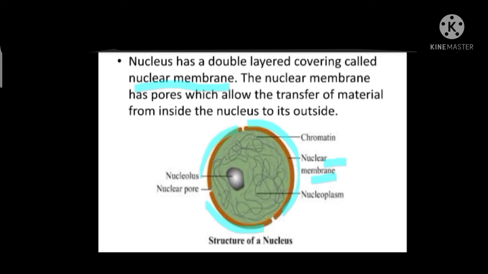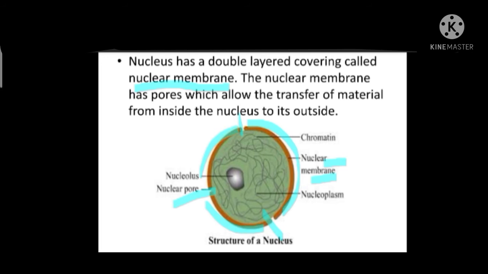Pores means holes, which allow the transfer of material from inside the nucleus to the outside. The nuclear membrane is not continuous. It has pores. You can see here, this is the nuclear pore. And what is the use of this nuclear pore? It allows the transfer of materials from inside the nucleus to its outside, and sometimes from outside to the inside also.